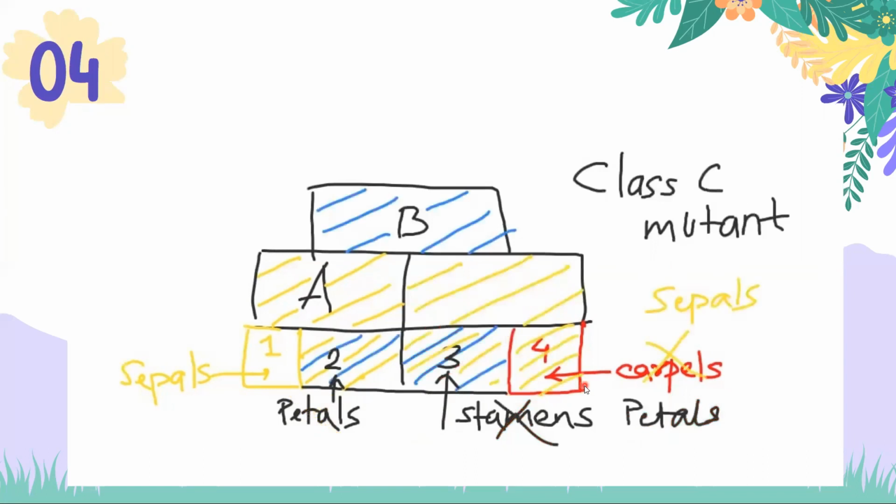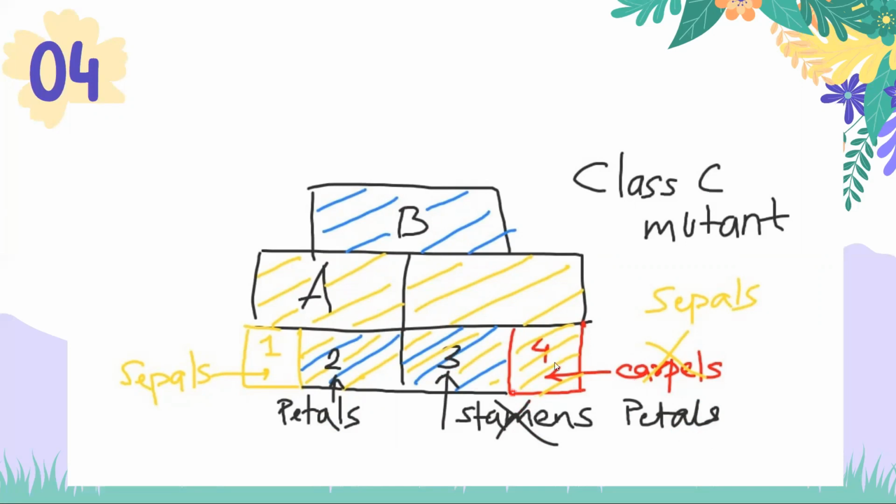Class C mutant, you won't have C. Now, since there's no C, A takes over this whole thing. Now, you have A, so you will have sepals. You have A and B, so you will have petals. But we don't have C here. What we have is again A and B. So even this would exactly look like your petals.